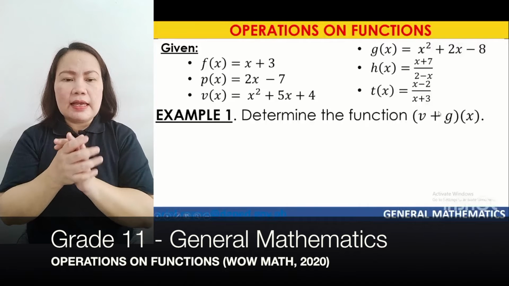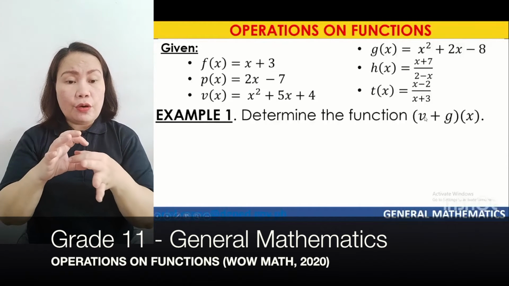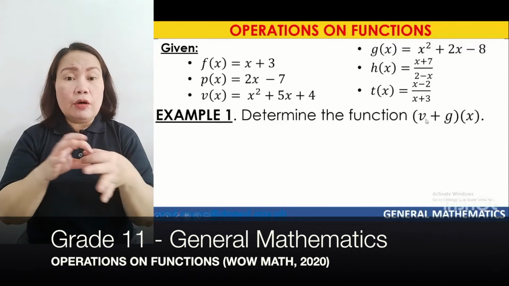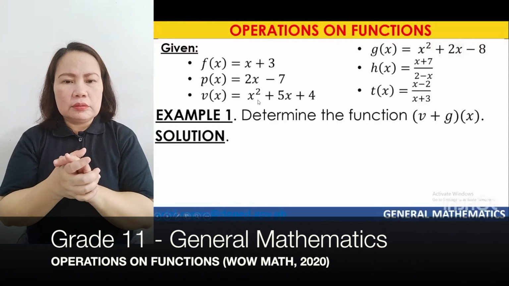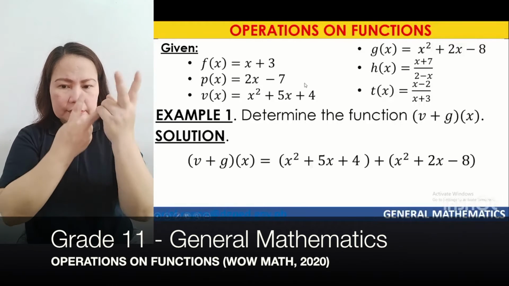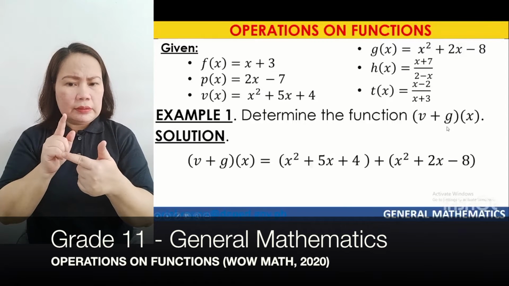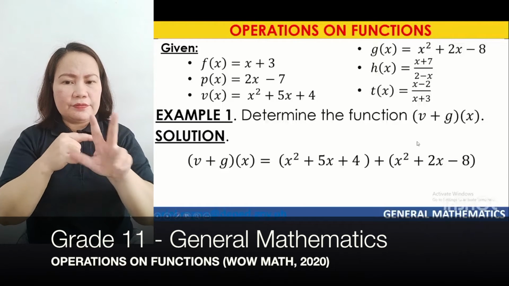So, ibig sabihin, i-add natin yung function ni f of x saka ni g of x. So, ano ba yung given function ni f of x? Ito yon, x squared plus 5x plus 4 plus g of x. Ano yung g of x natin? X squared plus 2x minus 8.